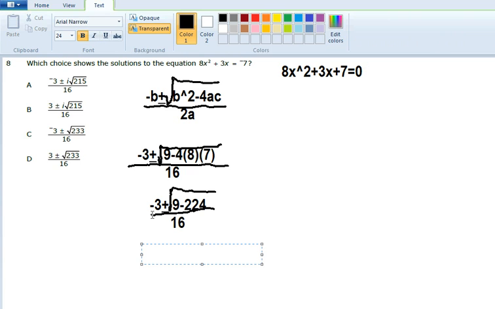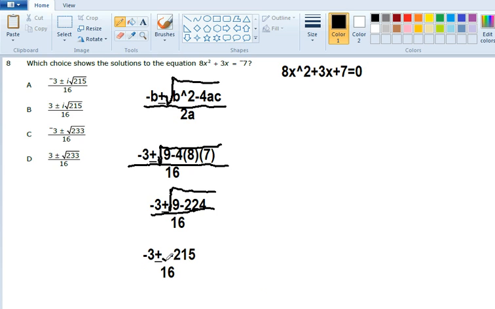So I get negative 3 plus or minus the square root of negative 215, divided by 16.